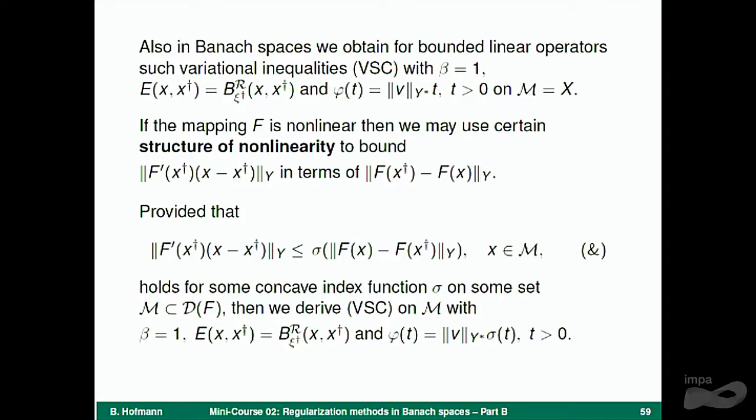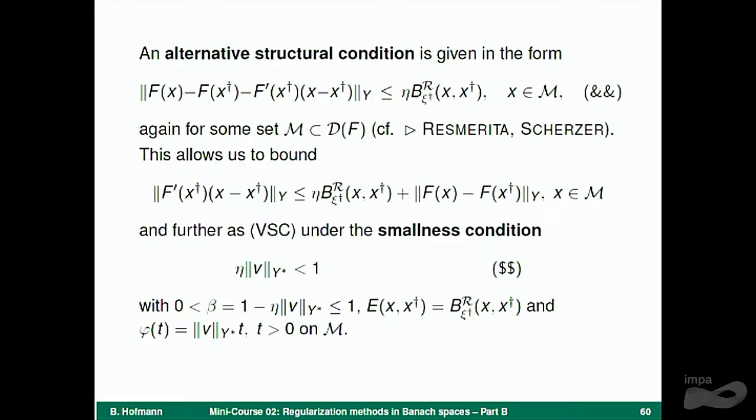Then you see this sigma index function occurs here, and you can do the same thing, and you see the phi function for my rate is now characterized by this. This nonlinearity structure defines here the rate. Beta would be sigma of t is t, best rate. But if you haven't it, then you will have a worse rate in the same way.